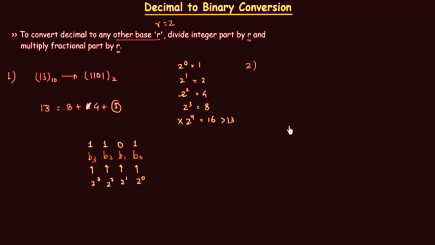So for the first example of method number 2, we don't have a fractional part in the decimal number. Let's consider the same scenario. The number is 13. Now we have to divide 13 by 2.